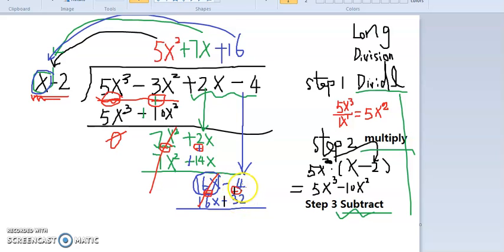So we're doing negative 4 plus 32. That gives us 28. So we can put this as our remainder, 28. And 5x squared plus 7x plus 16 as our quotient. So that's how we use long division to divide a polynomial by a binomial.